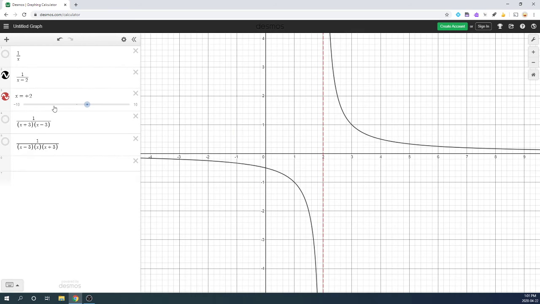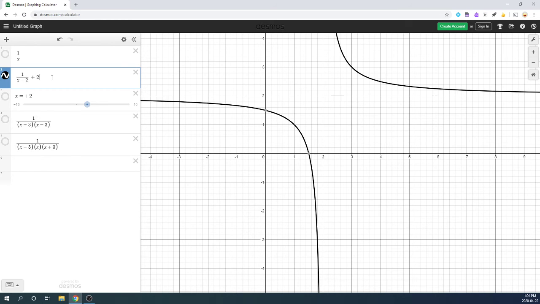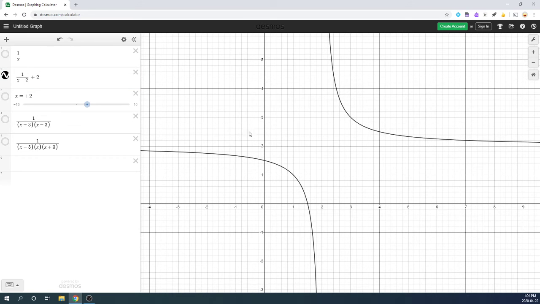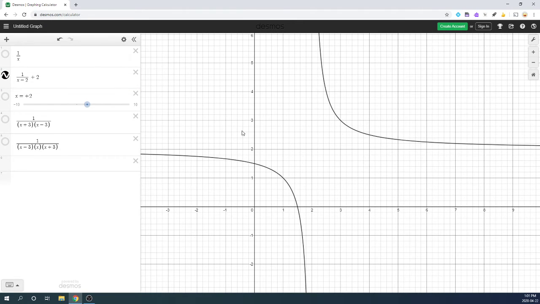I guess the reason I want to do this is to check that we're right. That's what graphing technology is for. But I also want to look at that horizontal asymptote. What could possibly change that? And it turns out that if your function looks like this, and then tagged on at the end is like a +2 or a -1 or something, a constant like that, then the graph shifts upward too.